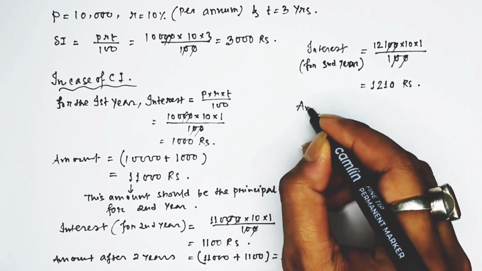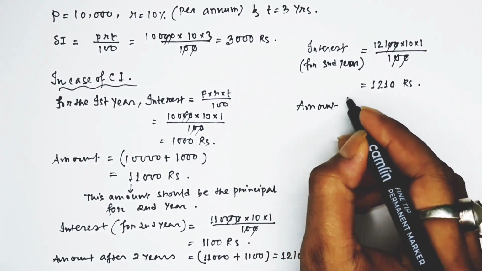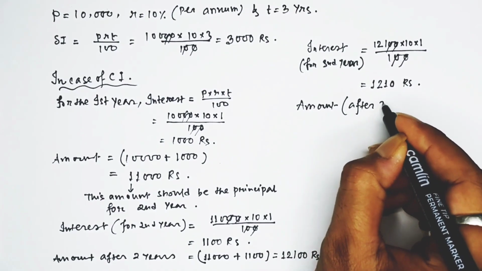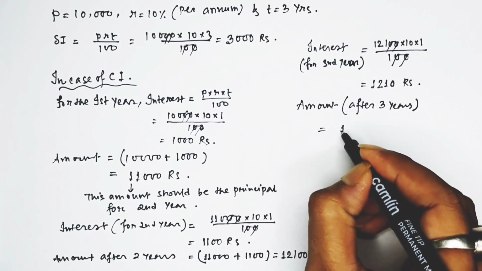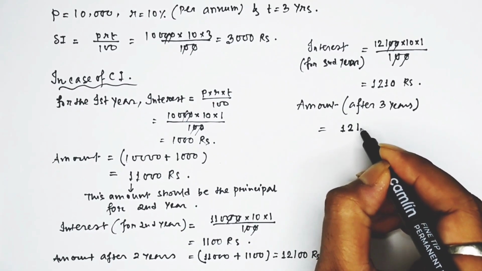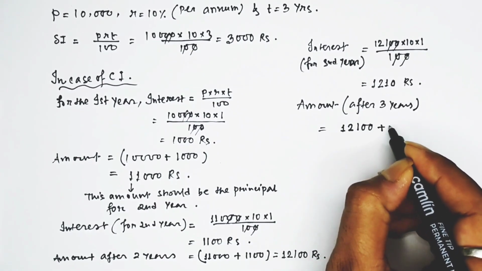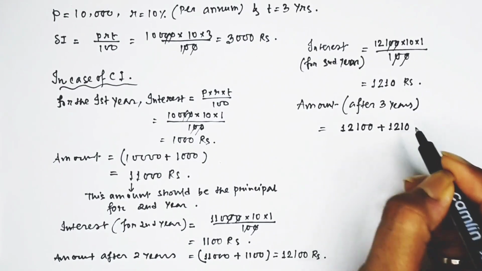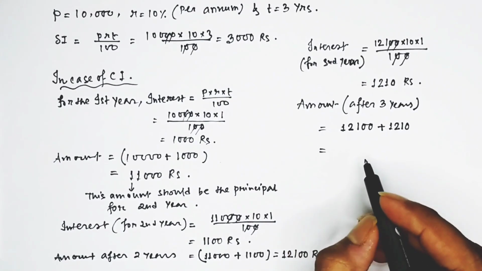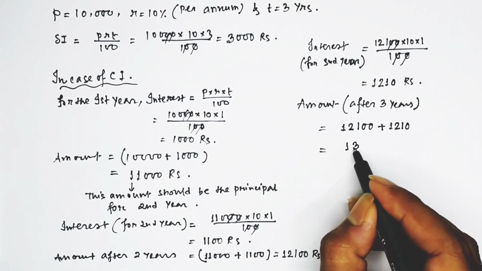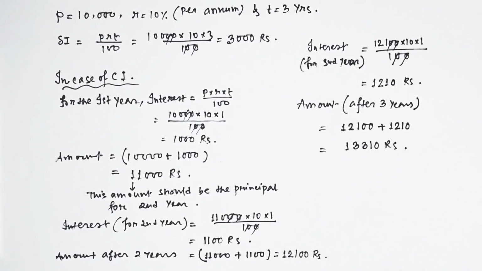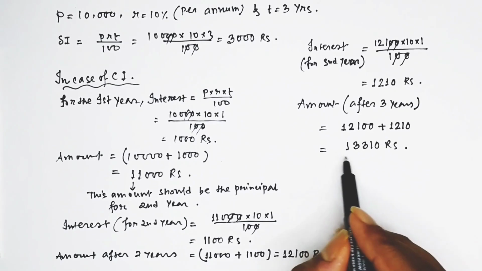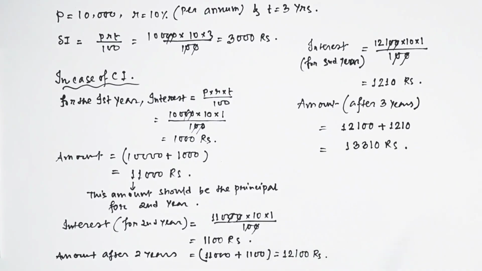So the amount we get after 3 years, we get the amount 12,100 plus 1210 rupees, that is 13,310 rupees. This is the amount we get after 3 years in case of CI.